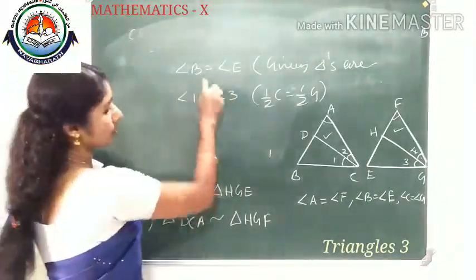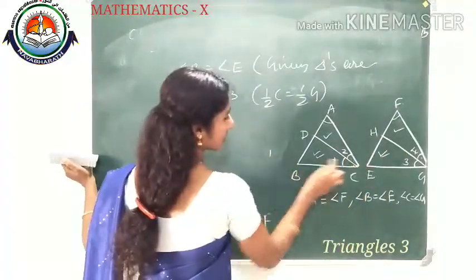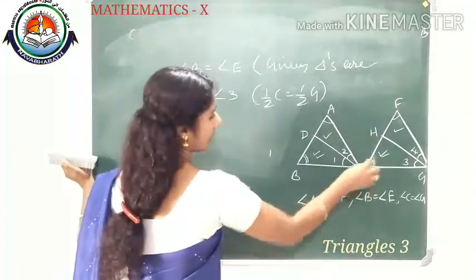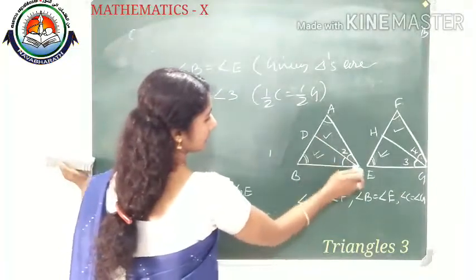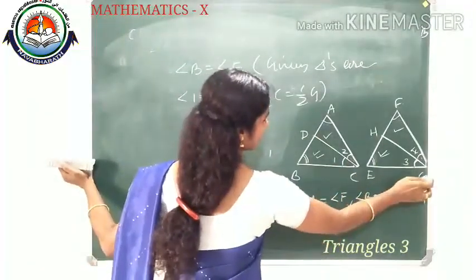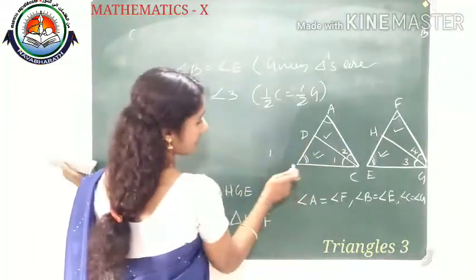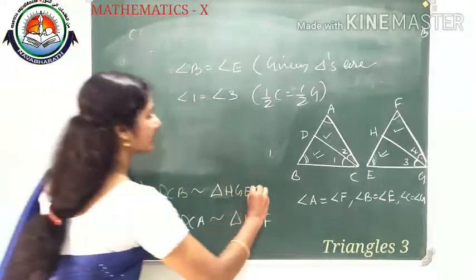So from these two, in this triangle we got two angles equal. One angle is angle B equal to angle E, and the other is angle 1 equal to angle 3 from BDC and EHG. So here the name is given: DCB similar to HGE. So we got the second answer also.